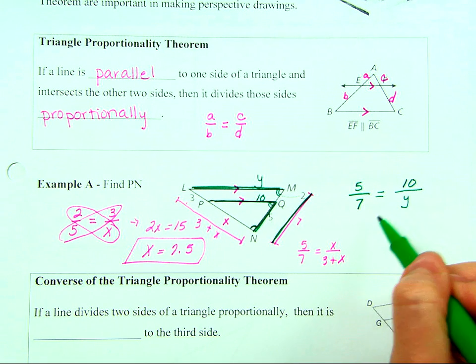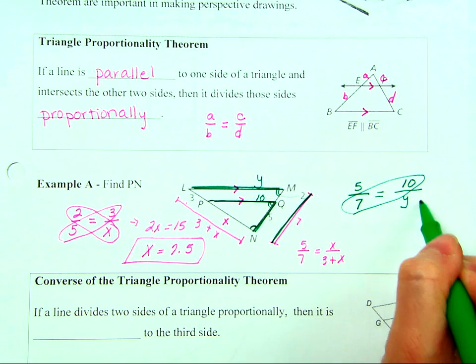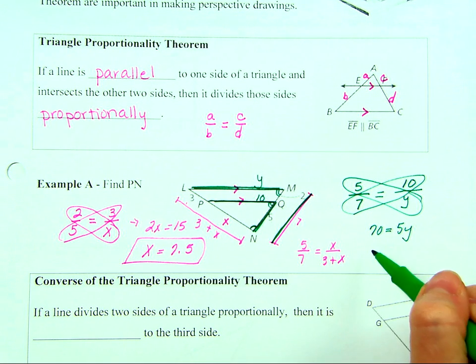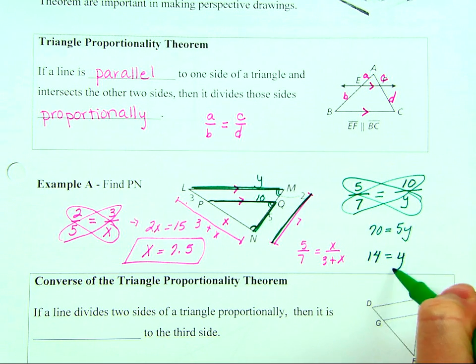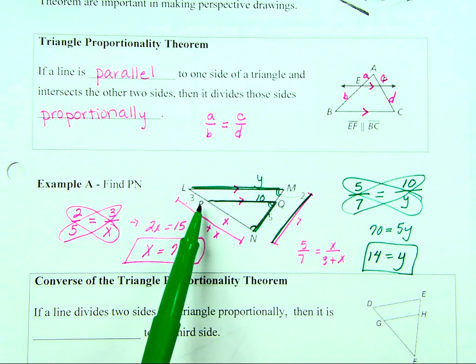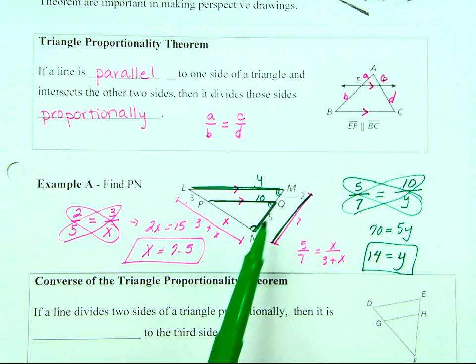And so, setting up to solve here our cross products, we would find out that y would be 14. Had I used a ratio of 2 to 5, I would have gotten y as a length of 4, and that wouldn't have made any sense. So we do have to be careful whether you are using similar triangles to solve or whether you're using the way that the parallel line divides your segment.